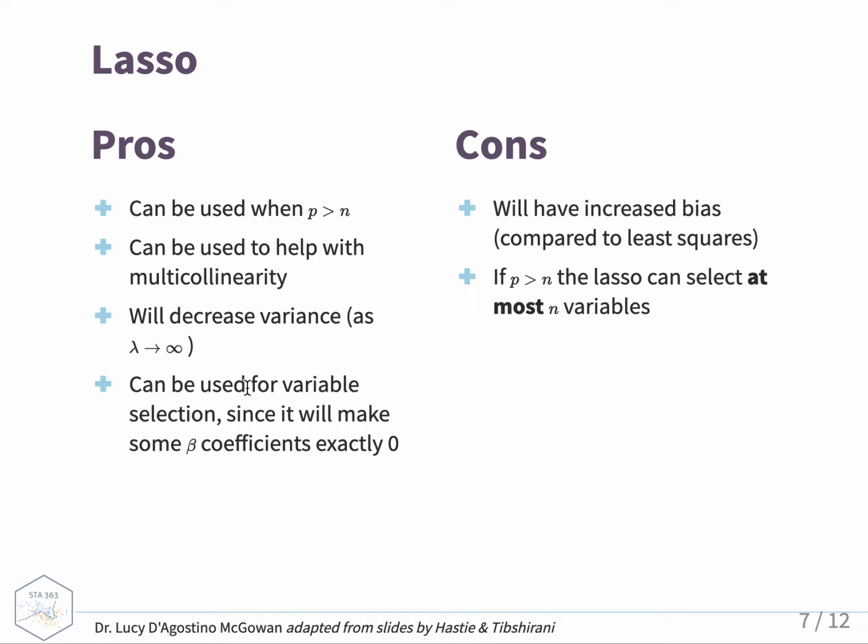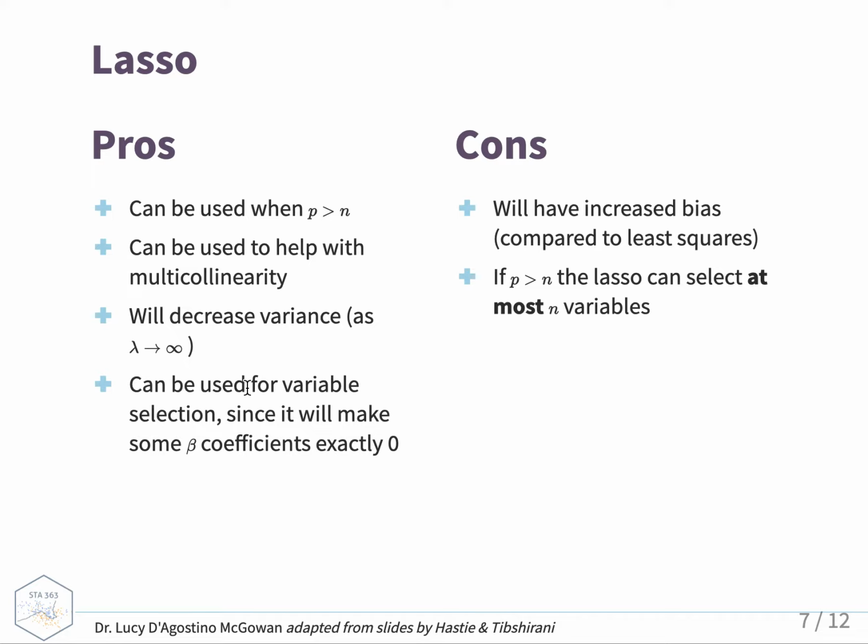The cons, same as ridge, it is going to have increased bias compared to least squares, because as we're increasing that lambda value, our bias is increasing, which again is that bias-variance trade-off. So we're sacrificing some bias, we're increasing the bias in order to decrease the variance. Another con is that if p is greater than n, lasso can select at most n variables.